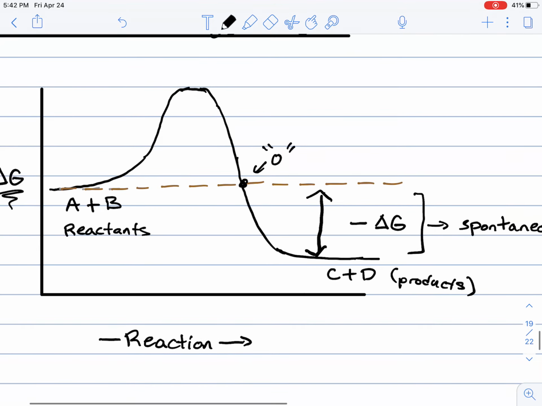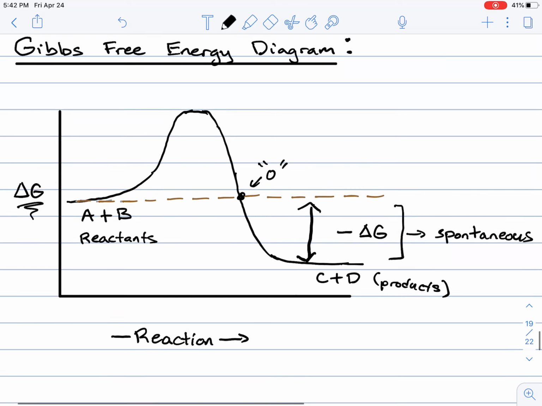And overall, we are going to label this graph, when we get a spontaneous reaction, as exergonic. And so exergonic reactions are spontaneous. The reason why is because the value for delta G is negative. So this is an example of an exergonic reaction.